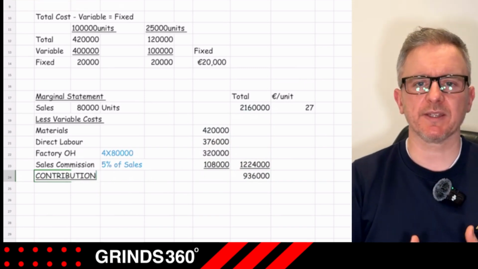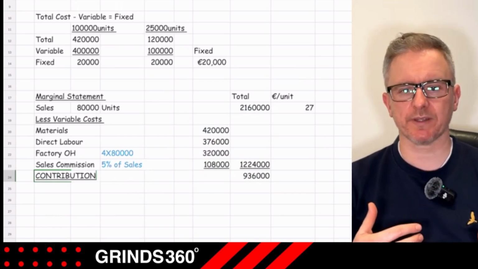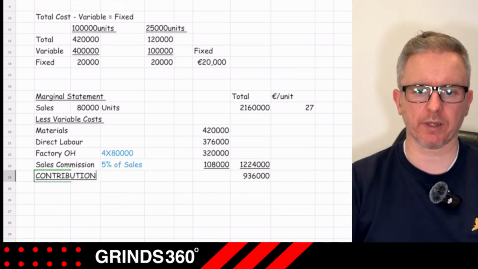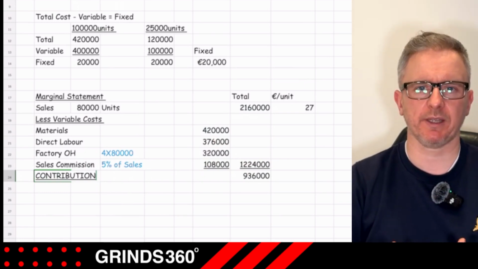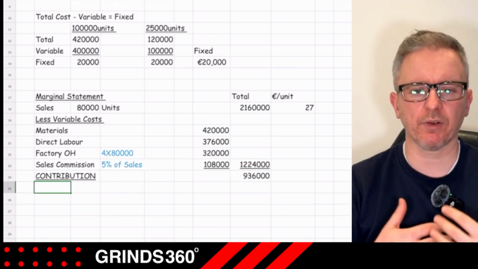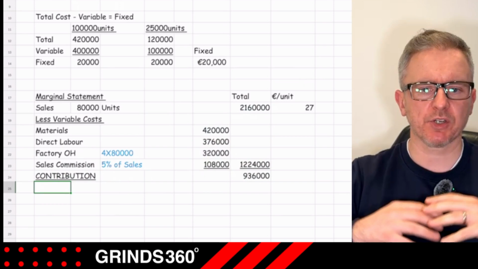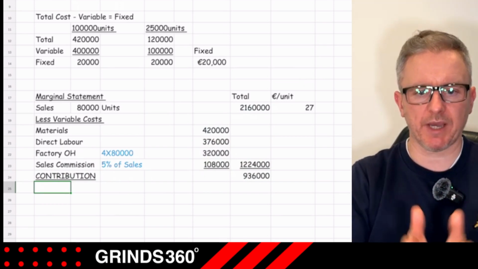If you want to think of it this way, your contribution is what buying and selling the product actually brings into the business. It's what this particular product contributes to the overall profit. Now, we know that it doesn't end there though. We have all these fixed costs that we incur. An example of this: imagine you're in your classroom and you manufacture desks.